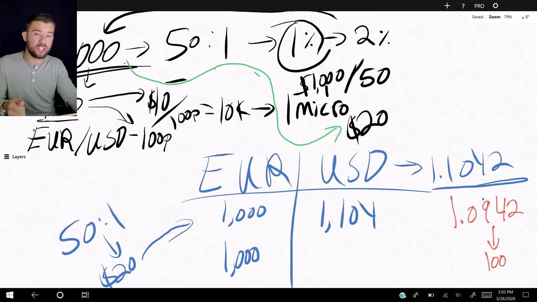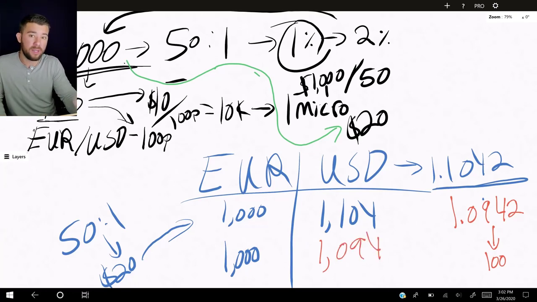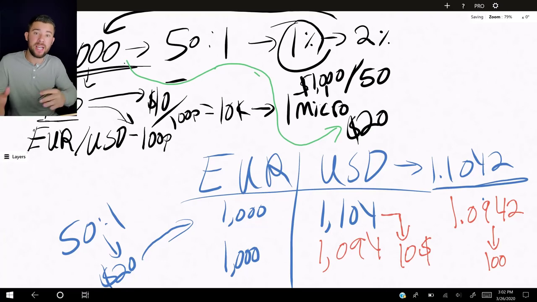But now the exchange rate is lower. So even though your investment dropped in value, they still expect that same 1,000 euros. In order to give them 1,000 euros, you now have to hand them $1,094. So because of that, your investment dropped $10. And that's the actual math on this specific trade.